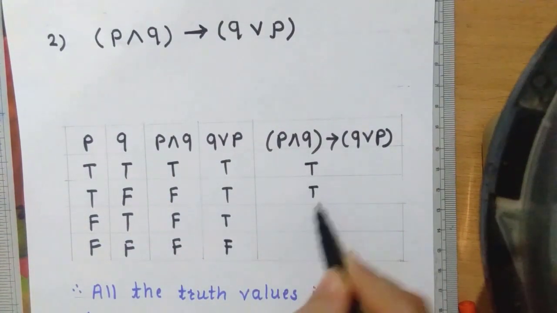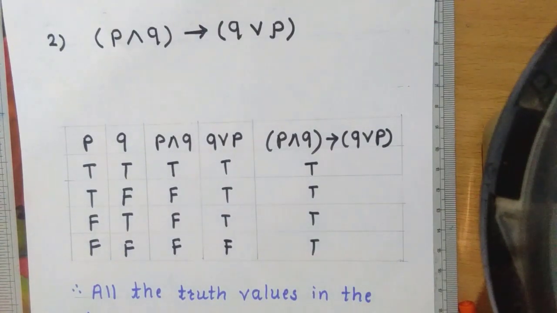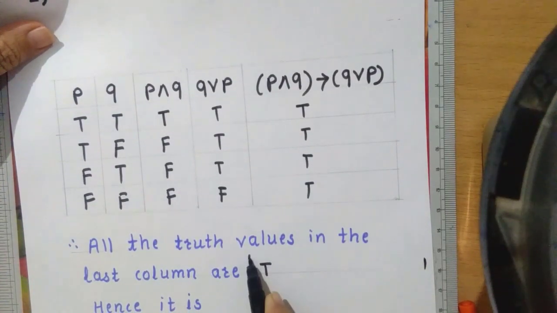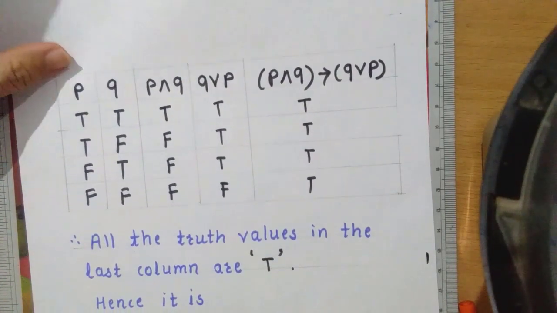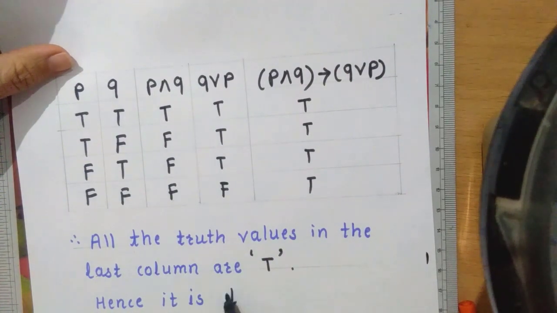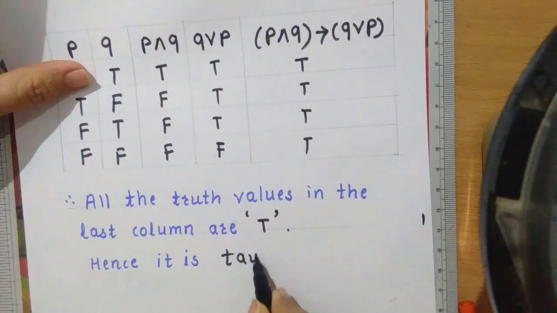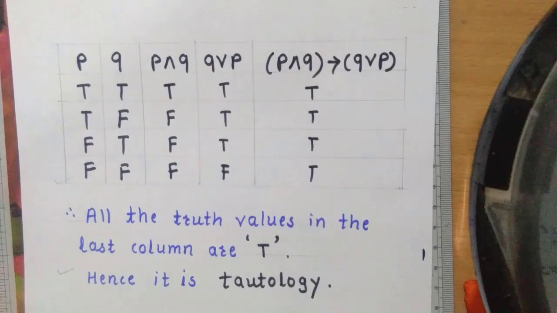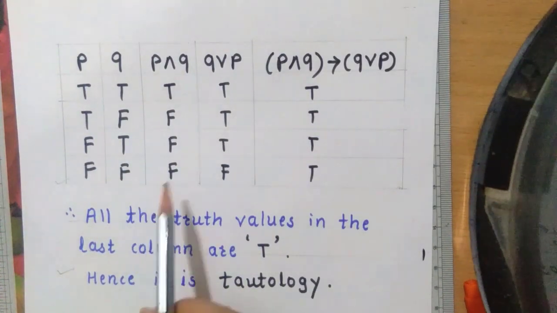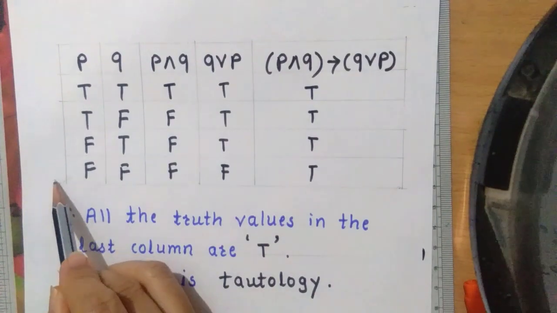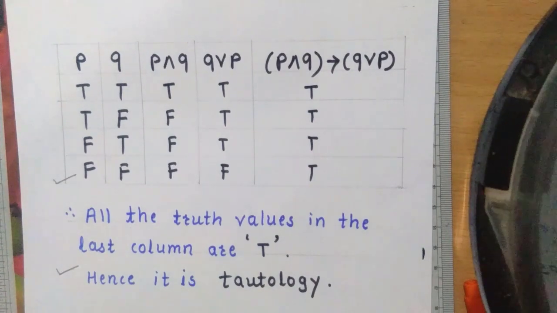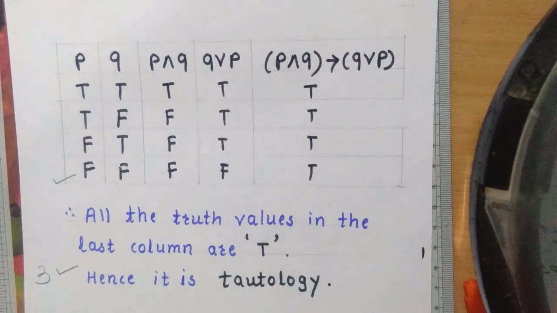So directly we will write T, T, T, T. So here all the truth values in the last column are T, hence it is called a tautology. And the mark distribution of this question is 2 marks for this table and 1 mark for this reason. So in total this example carries 3 marks in the board exam.